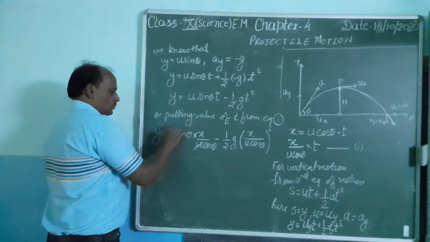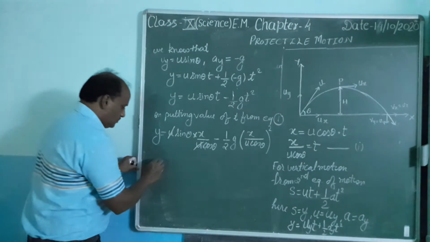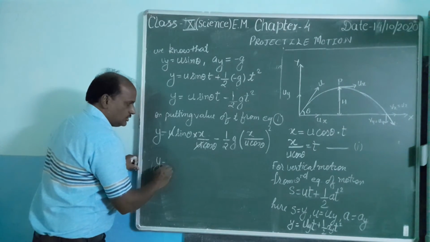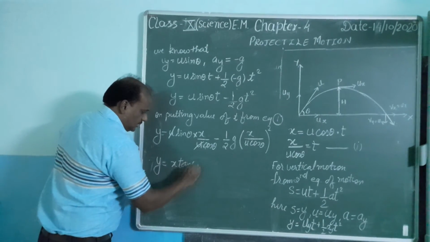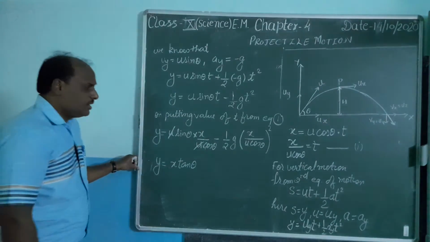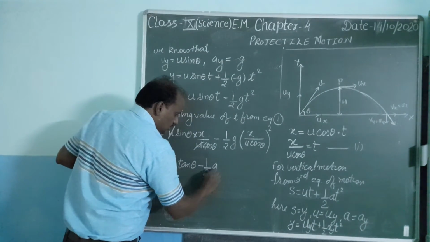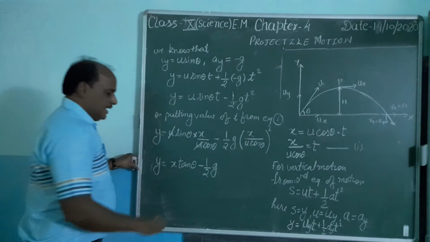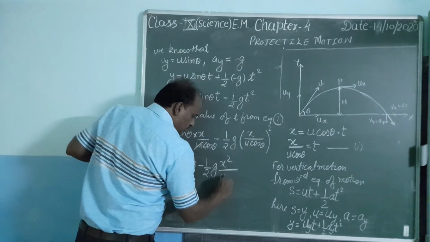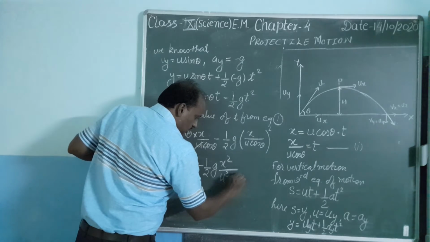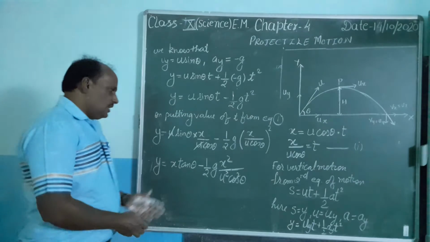This u and u will get cancelled. So y equals x tan theta minus 1 by 2 g x square upon u square cos square theta. We get the equation.